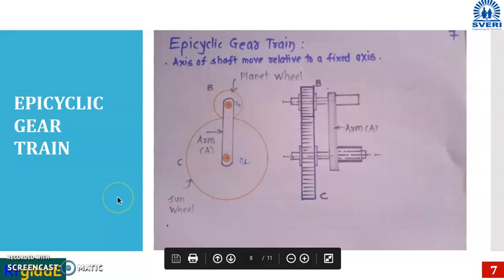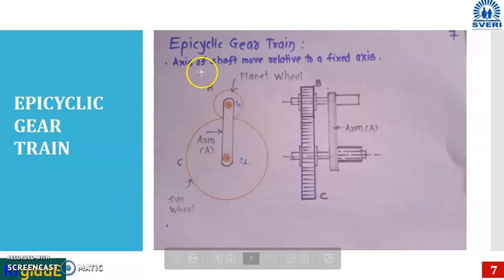Then last type of gear train, that is epicyclic gear train. In this gear we can see gear B is in mesh with gear C and there is one arm which has two centers, one is O1 and O2. Gear B is free to rotate about O2, gear C is free to rotate about O1 and in between that arm is there.